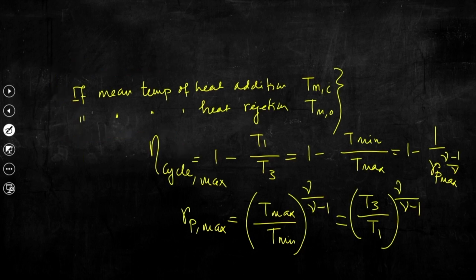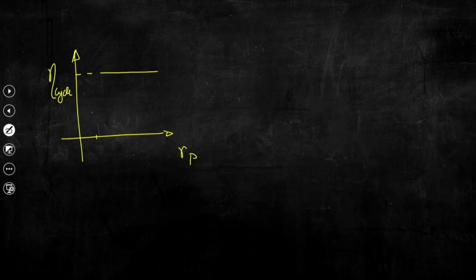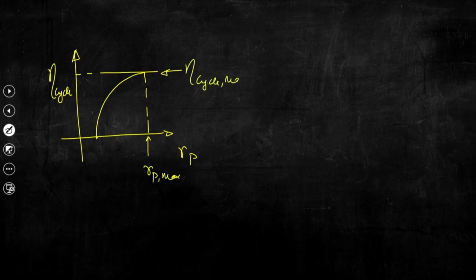If we look at this particular expression, when Rp equal to 1, then efficiency will be equal to 0, and when it reaches Rp max, then efficiency will be maximum, and that efficiency we are assuming would be equal to the Carnot efficiency. So, this is Rp max, and this efficiency is eta cycle max, which we are assuming is equal to the Carnot efficiency.